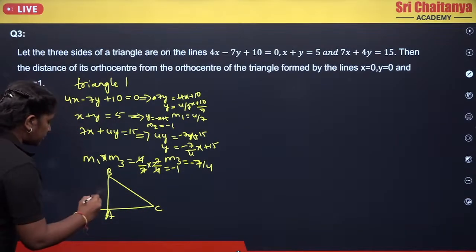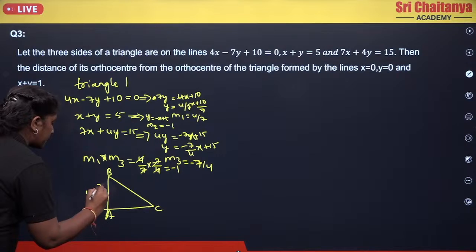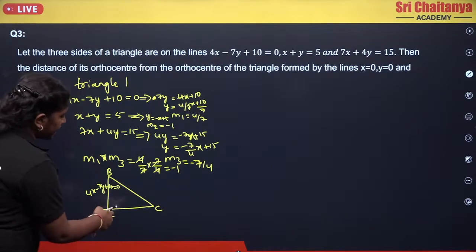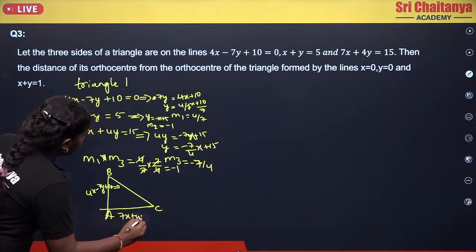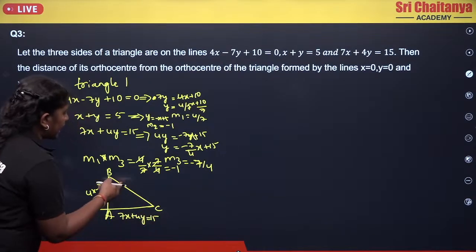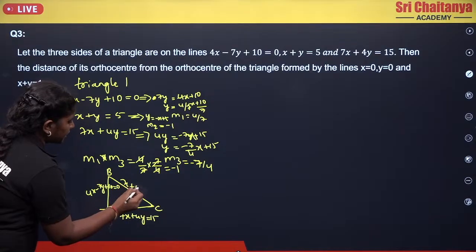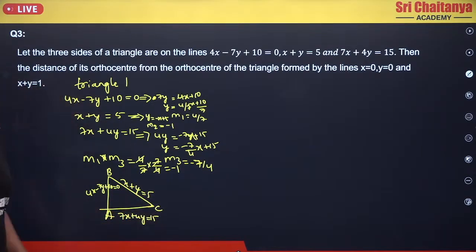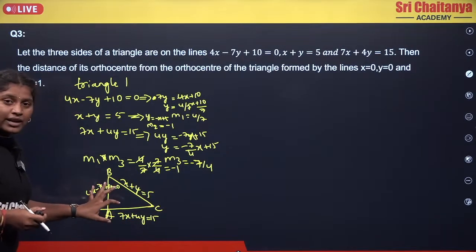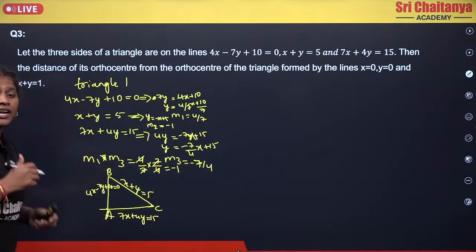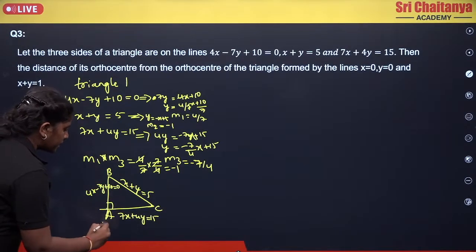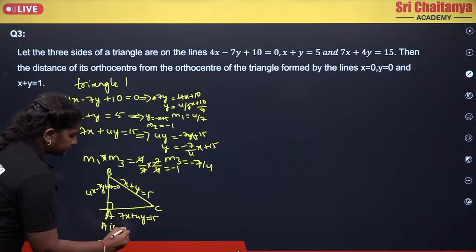So, now here it will be 4x minus 7y plus 10 equals 0. This is one side, and another side will become 7x plus 4y equals 15. And this side will become x plus y equals 5. Okay. Now, this is a right angle triangle. So, the orthocenter will be at the vertex where we have the 90 degrees. So, A will become your orthocenter.